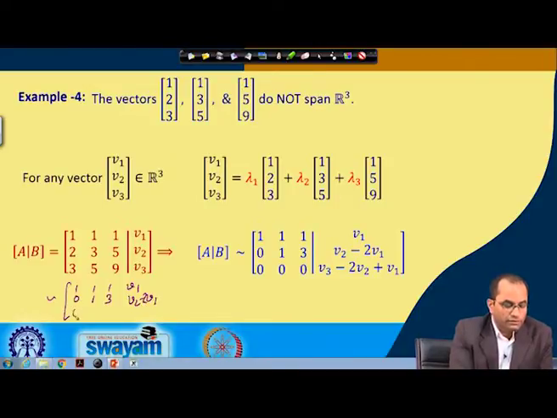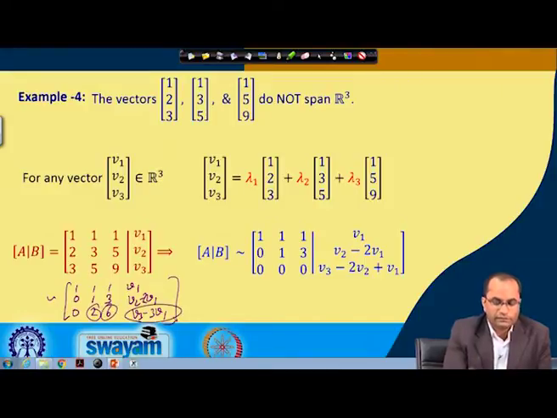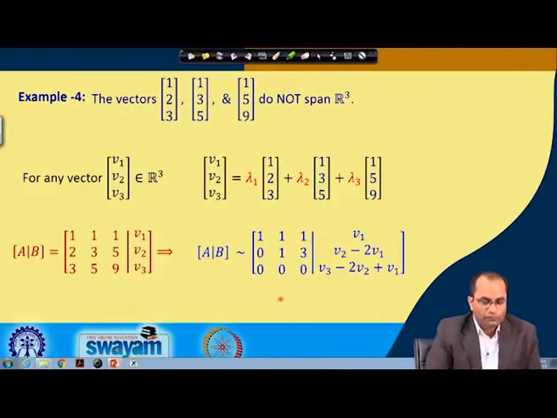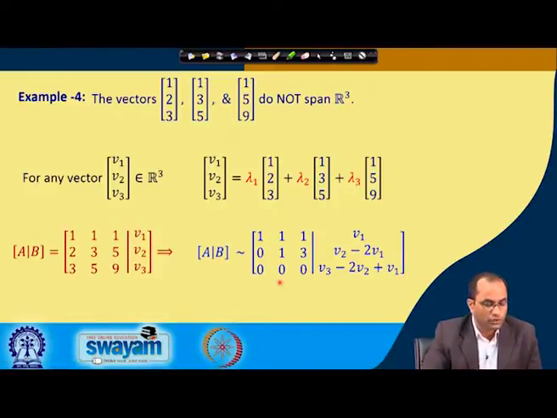For the third row we subtract 3 times R1, so here we will get 6, and here V3 minus 3 V1, and then once again we subtract 2 times the second row. So, this will become 0, this will also become 0, and here this factor will be coming. So, this is the row reduced echelon form which we got: 1 1 0, 0 1 3 and 0 0 0.